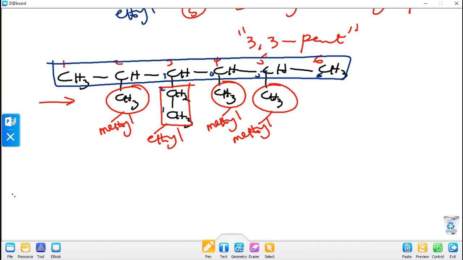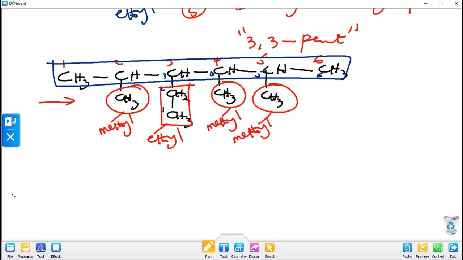So if we choose to come from the left-hand side, the first methyl falls under carbon 2, our ethyl falls under carbon 3. And then the second methyl and the third methyl fall under carbon 4 and carbon 5.